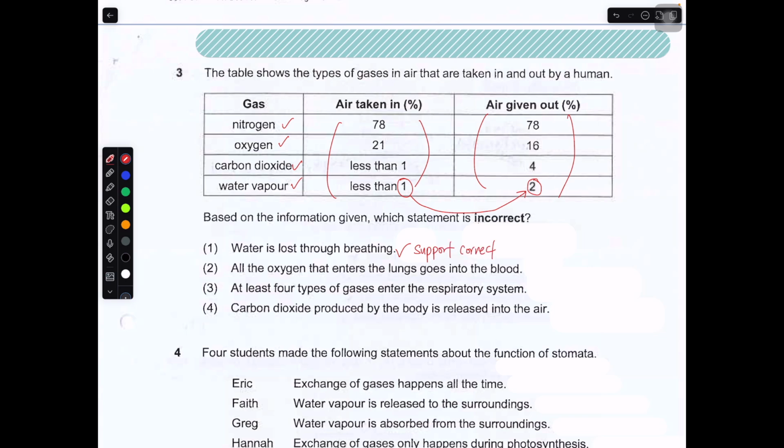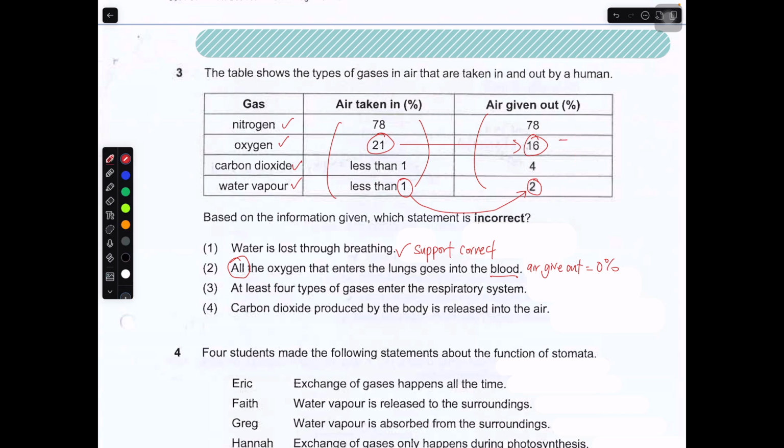All the oxygen that enters the lung goes into the blood. So it is trying to say that all the oxygen that has been taken in will be absorbed into the bloodstream. If this is true, then the air given out will be at 0%. So you take a look at this. It is not true. Taken in is 21, given out is 16.